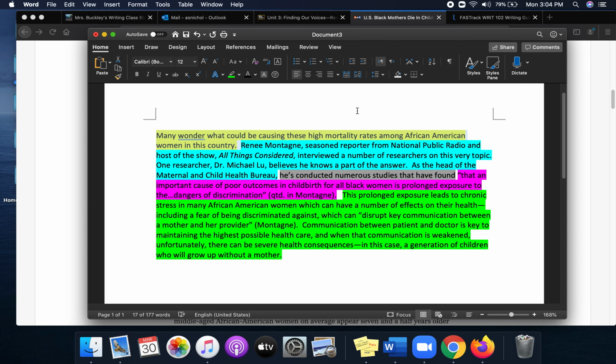It says, "Many wonder what could be causing these high mortality rates among African American women in this country." Okay, so I'm going to go into some evidence for what I feel, based on my research, could be causing these problems. What I have highlighted here in blue is some information that attributes our authors, right?